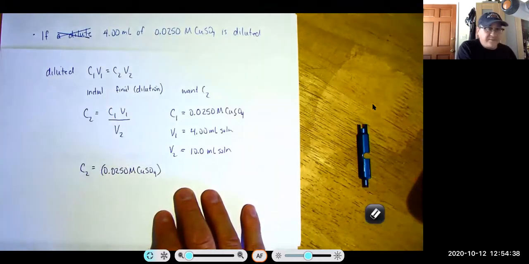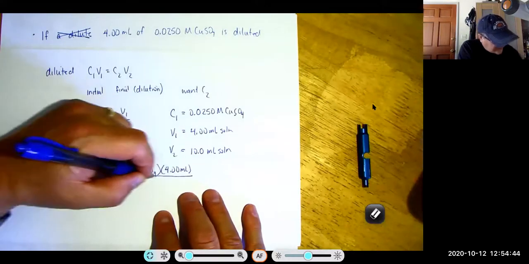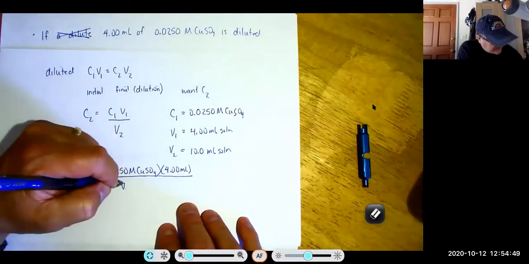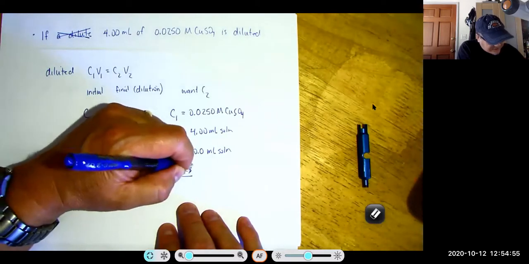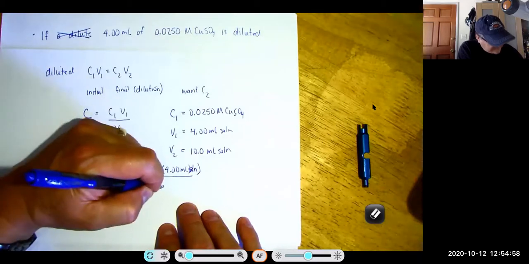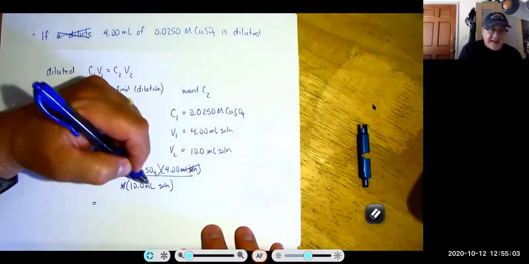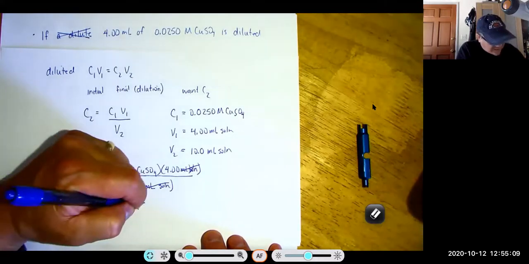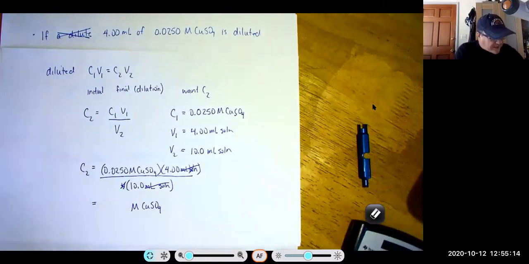There's C1. There's V1. And I should really write solution here. There's V2. And you can see that the milliliters of solution cancel, which means our answer is going to be M, or molarity, of copper sulfate. So we can see that 4 over 10 is about half.